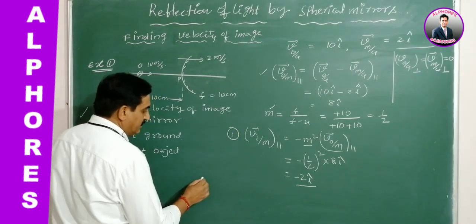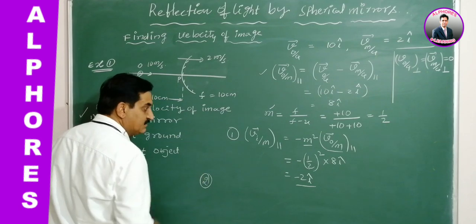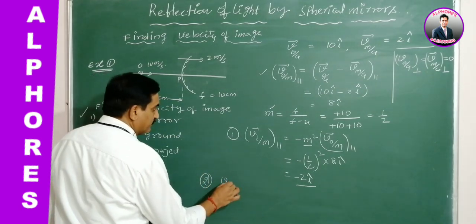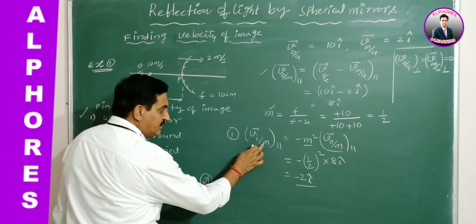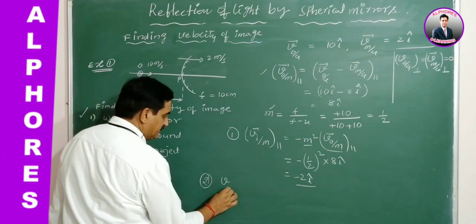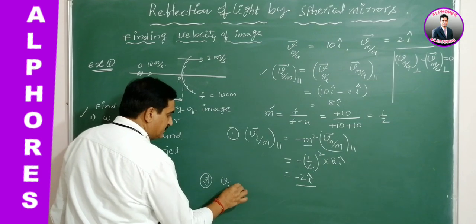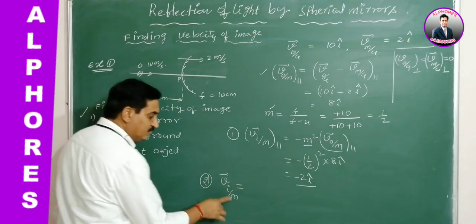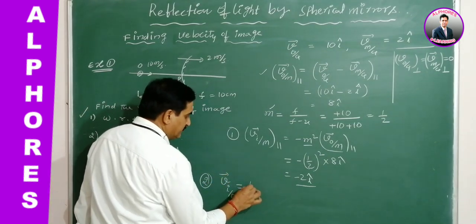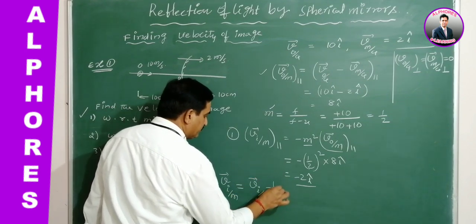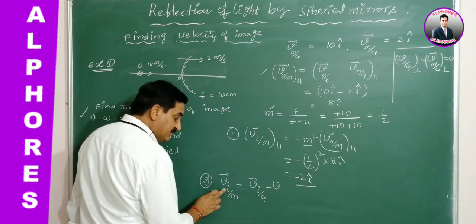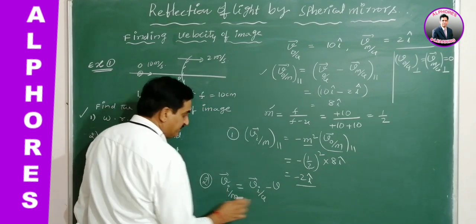This is the first question, and the second question is the velocity of image with respect to ground. Whatever you obtained here, write it as it is, the velocity of image with respect to mirror, but you should write the relative velocity formula: velocity of image with ground minus mirror with ground.